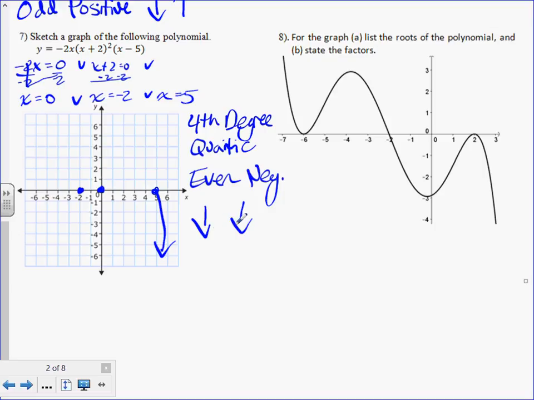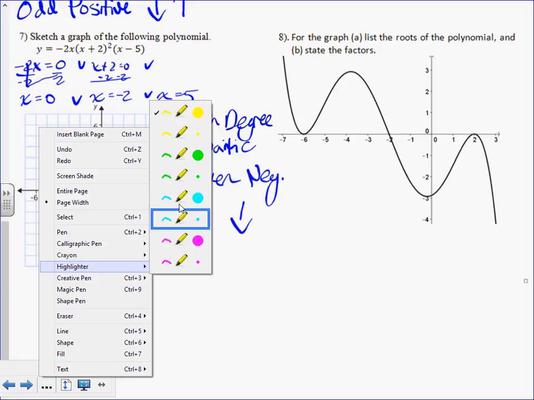Go down. Right? Then you go up. Hard turn. You're going to have to carry it at the bottom. Why did I make a hard turn? Because it has an exponent of 2 and a root at negative 2. Yes.